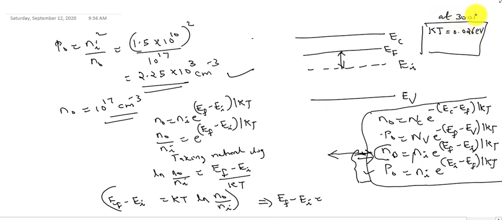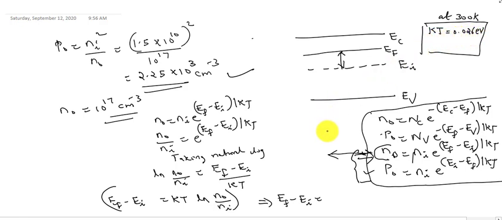This room temperature value you have to remember. Sometimes in problems we see kT by q, which means the volt equivalent of temperature, that is 0.026 volt. Here it is kT, so it will be in electron volts, 0.026 electron volt.